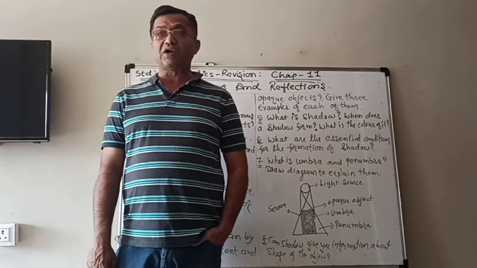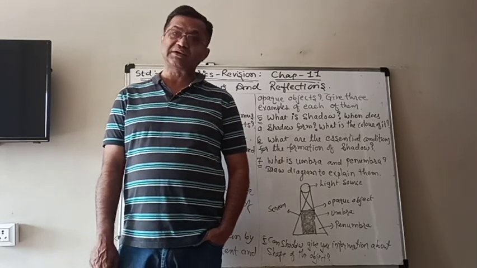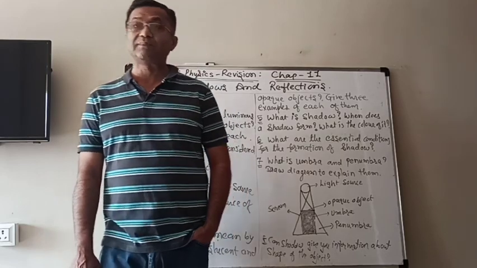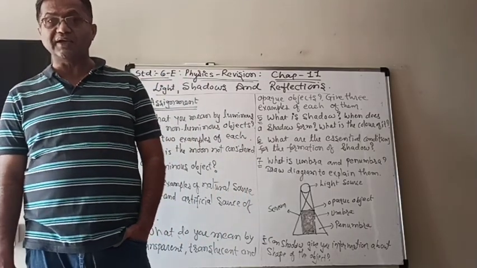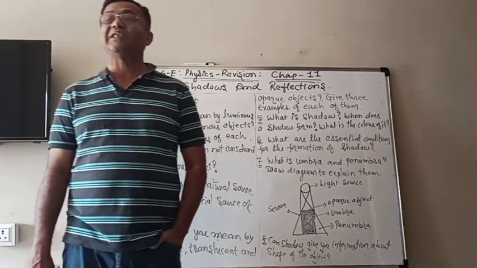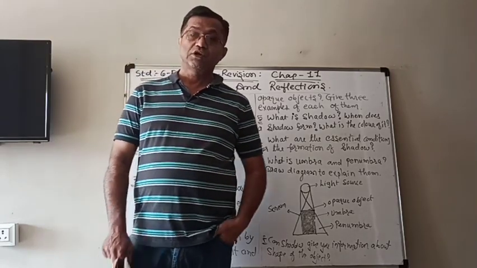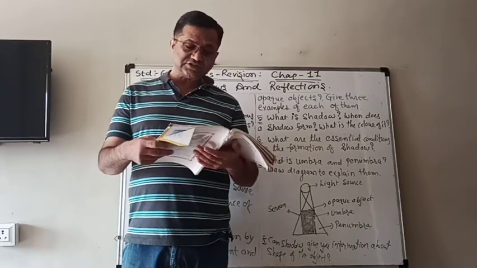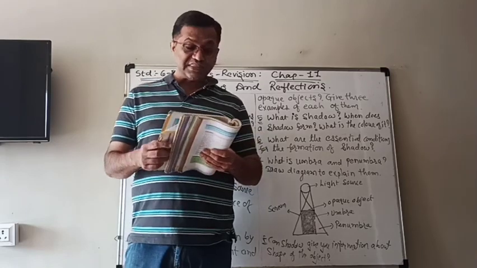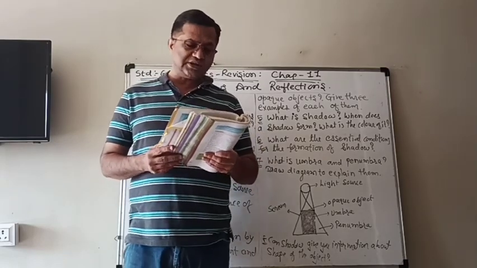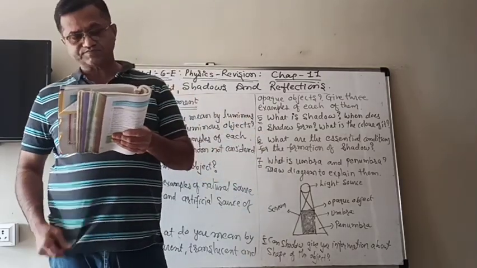In this situation, your eyes are open, but you won't be able to see the things. Why? Because there is no light. So, light is also very, very necessary to see other objects.